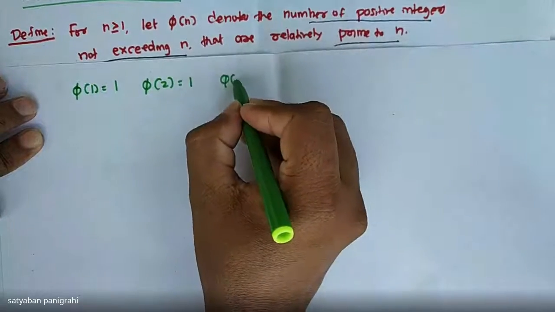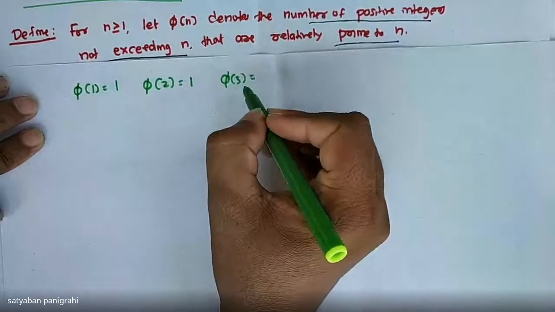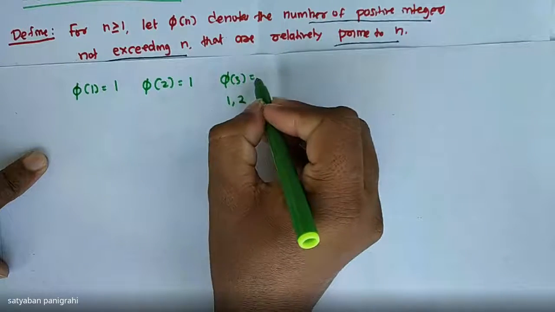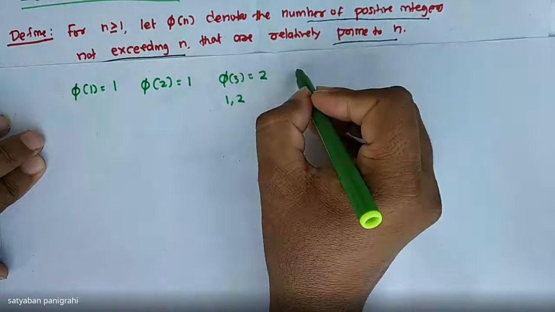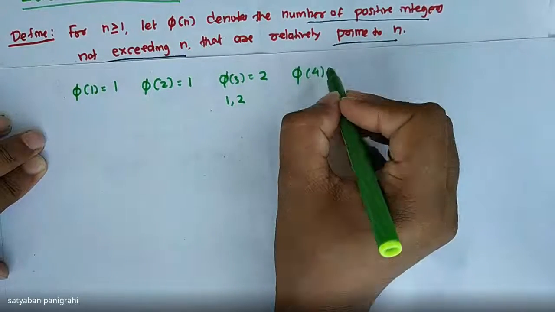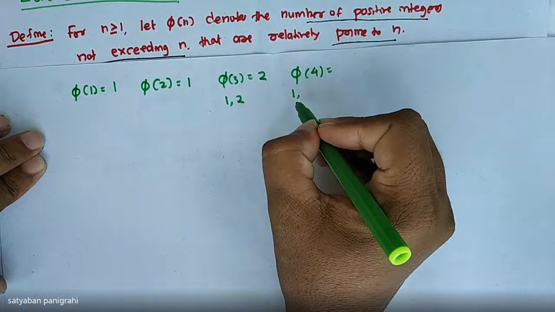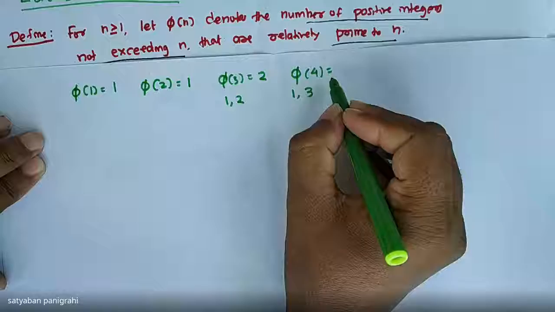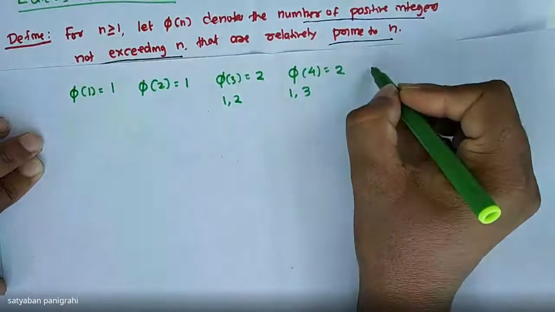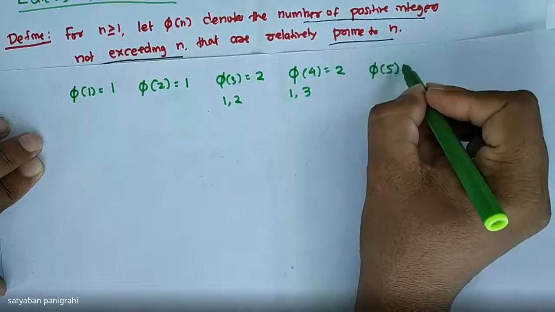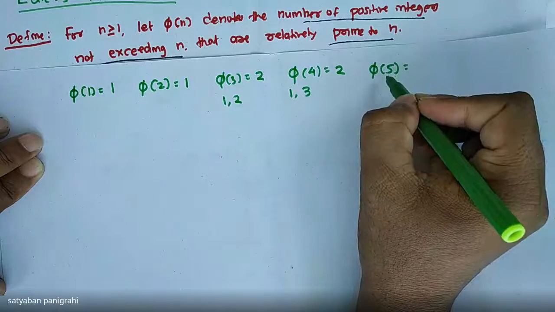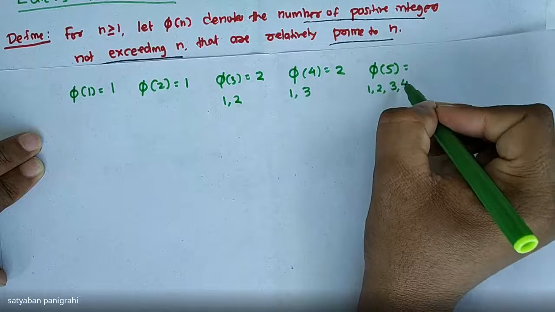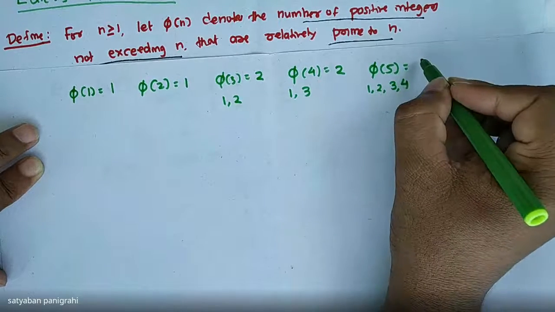Phi of 3: 1 is relatively prime to 3, 2 is relatively prime to 3, and the count is 2. Similarly, phi of 4: 1 is relatively prime to 4, 2 no, 3 is relatively prime to 4, yes. So, 2. Similarly, phi of 5: 1, 2, 3, and 4 are all relatively prime to 5, so phi of 5 equals 4.